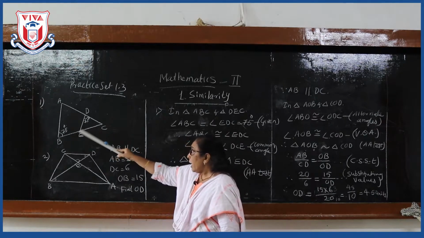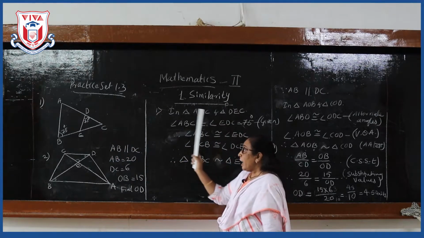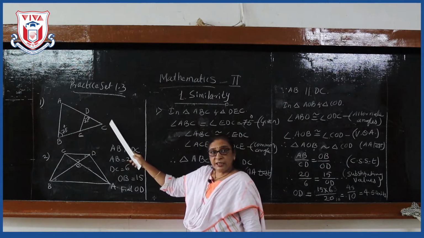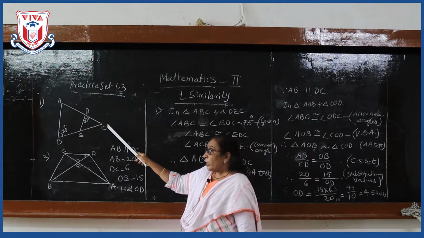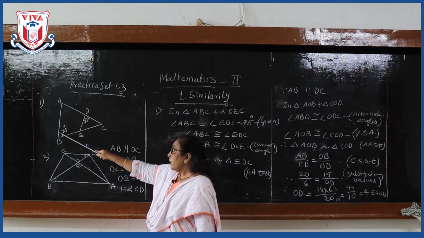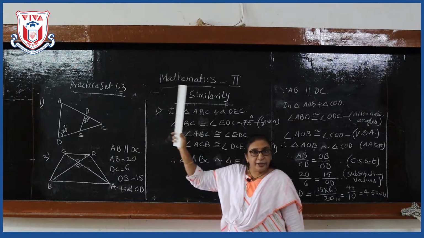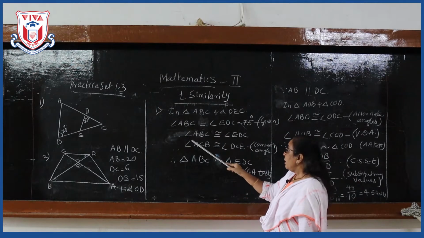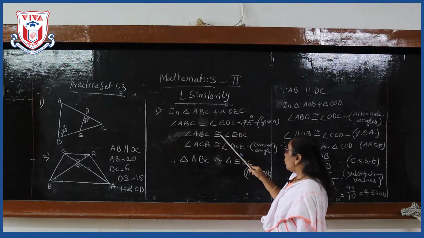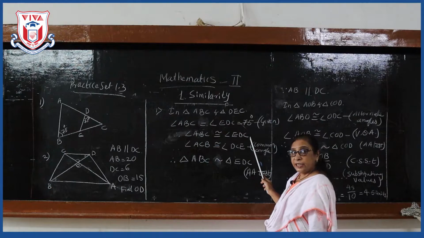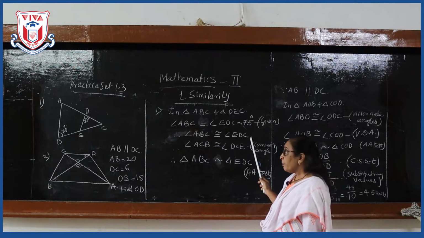If you consider triangle ABC and triangle DEC, you can see angle ABC is 75 and EDC is also 75, and therefore angle ABC is congruent to angle EDC, each 75 degrees.